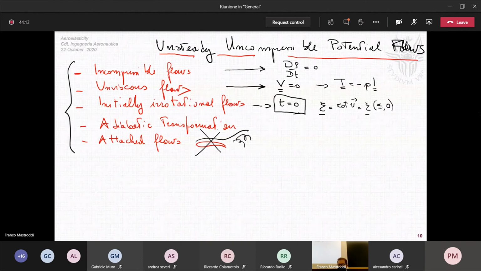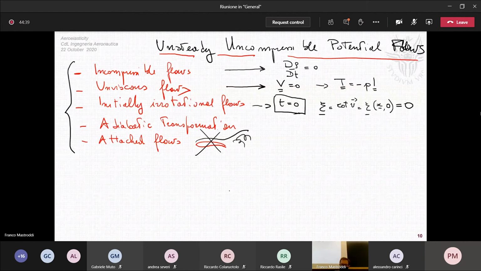So at the beginning, zeta is 0. And what does it mean? You are in the airport, the aircraft is at rest, everything is at rest. So V is 0, the rotor of V is 0 as well, 0 vorticity.